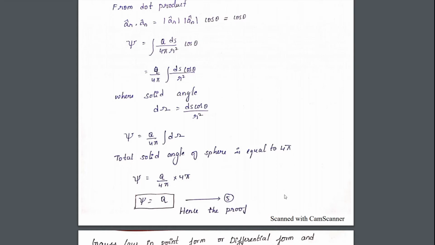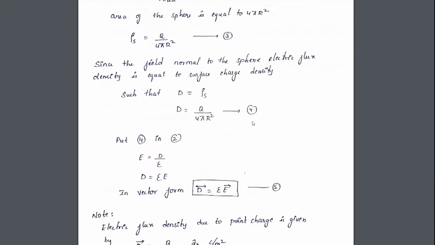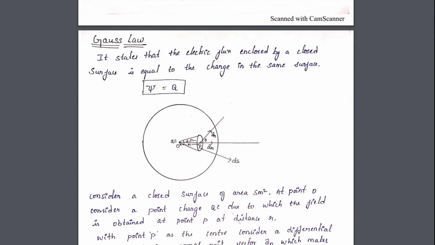So I hope all of you understood how to derive Gauss law in electrostatics here. So what is the statement? Gauss law states the electric flux enclosed by a closed surface is always equal to the charge enclosed by the same surface.